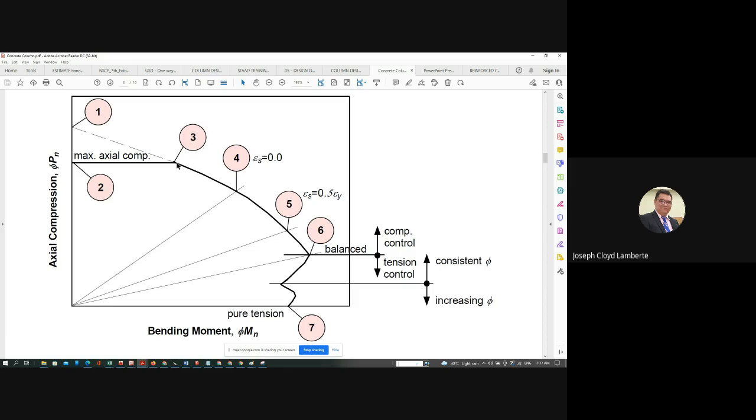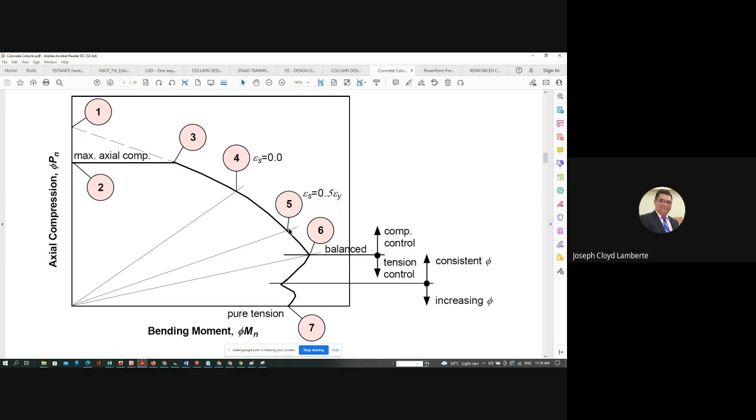Point 3 is the maximum moment at nominal axial load. Point 4 is when your es is 0.